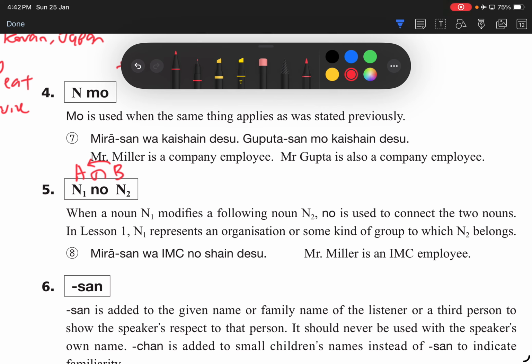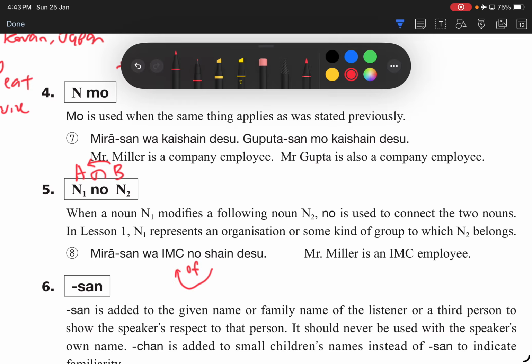Somewhat B has some relationship with A. For example, in this lesson 1, Mira-san wa IMC no shain desu. You can think of it in English as the particle "of", for example, shain of IMC. So employee of IMC.